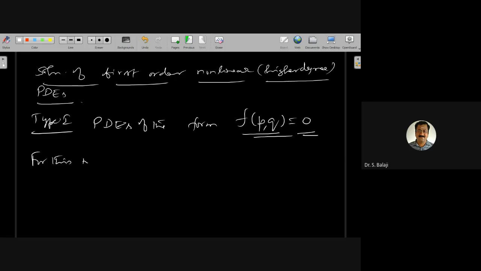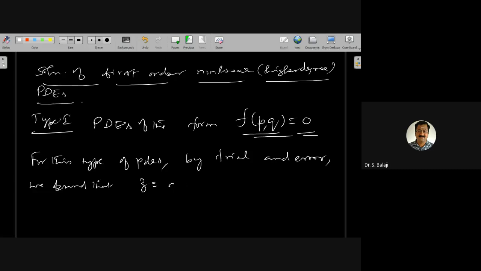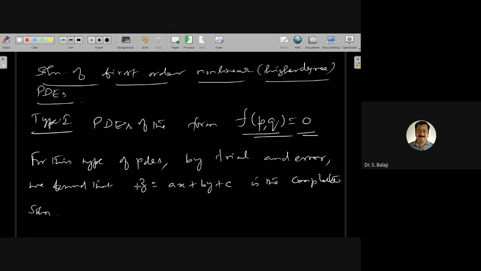For this type of PDE, by trial and error, we found that z equal to ax plus by plus c is the complete solution. After many trial and error ideas, they identified that a relationship of the form z equal to ax plus by plus c is the complete solution of this kind of PDE.